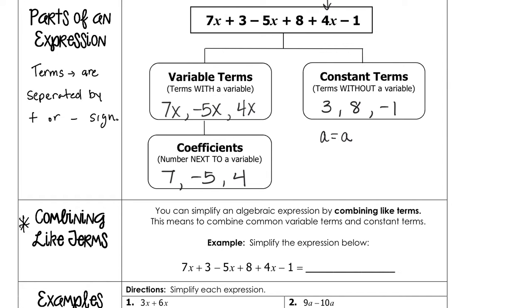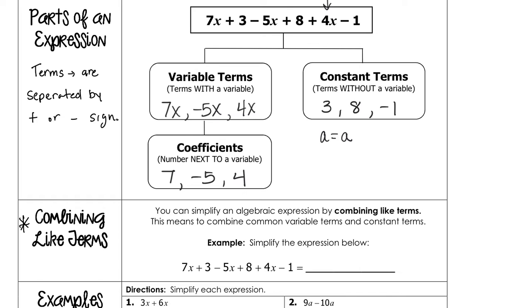Those numbers are important because those are the numbers we're actually going to be doing our math with. When you have variable terms that we want to bring together into one pile, we do the math with the coefficient. Constants, we can just add them as is.